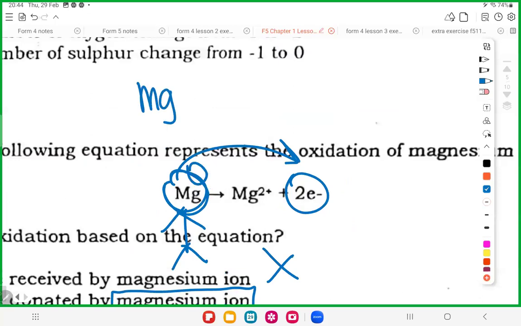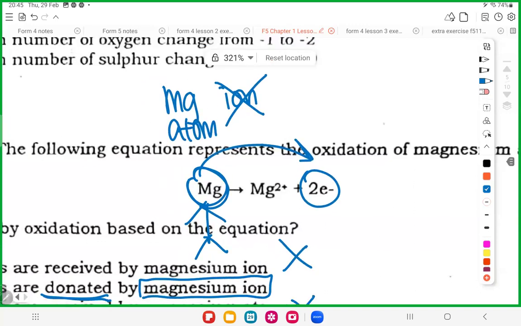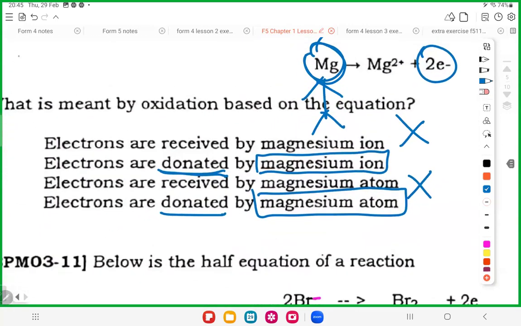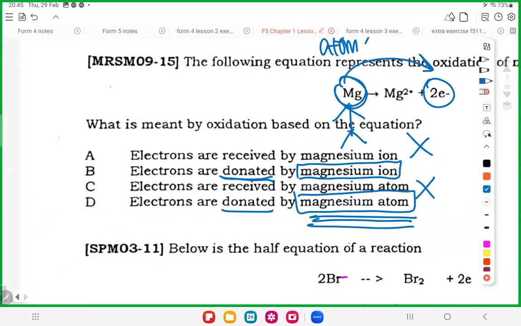When you don't have any charge, you cannot call it an ion. We learned in Form 4: if you are alone, you don't have any friend, you don't combine with other people, you are an atom. So the electron is donated by the magnesium atom.